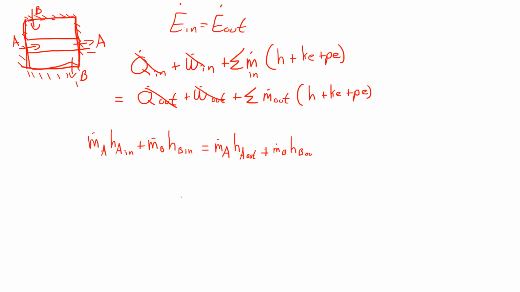So I can go ahead and take my mass flow rate terms. I'll put my A terms on one side of the equation.